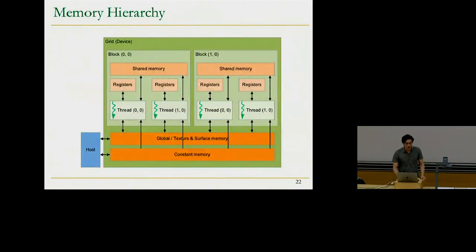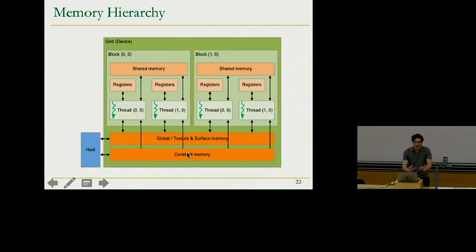Okay, now let's start taking a look at the memory hierarchy. Remember that we have a grid. Within this grid, we have many threads, and they are organized into thread blocks. What are the different memories that these threads can access? They all have access to the device memory, this dark orange thing that you see here, even though it's divided into 2 parts.